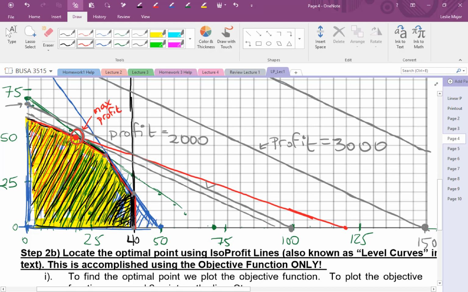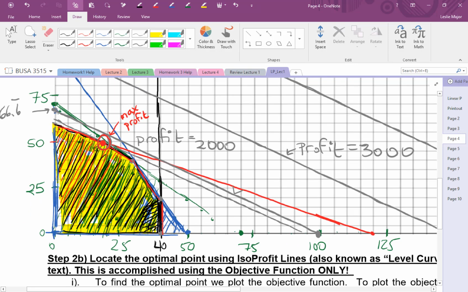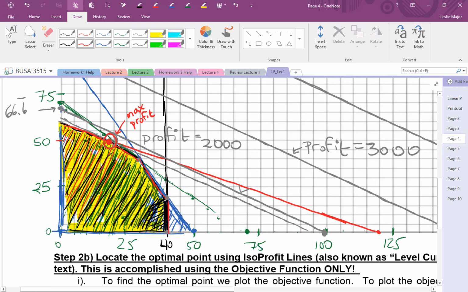It's right at whatever this point is. Now we can roughly look at that point. It's roughly at XB equals 50 and XA equals right about 20. So it's approximately at 20, 50. We can actually solve for it exactly by looking at which lines intersect right there.